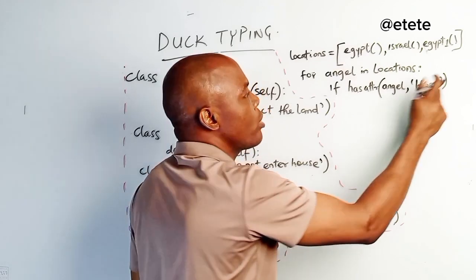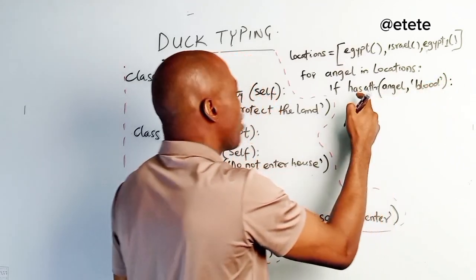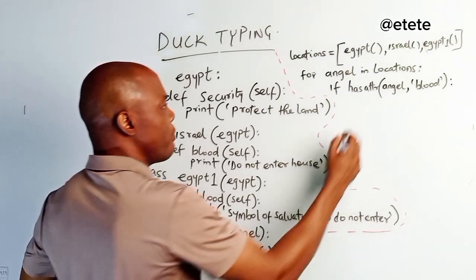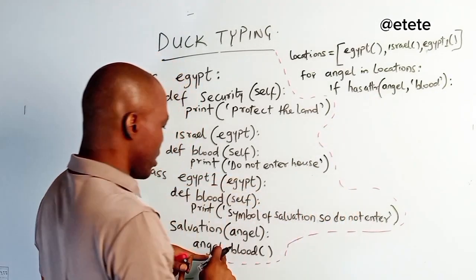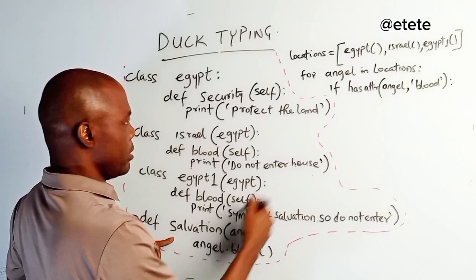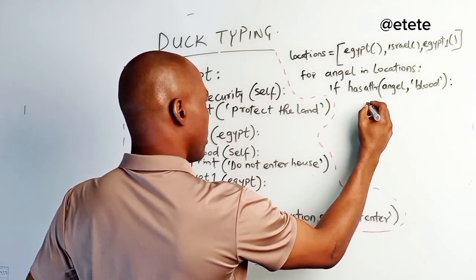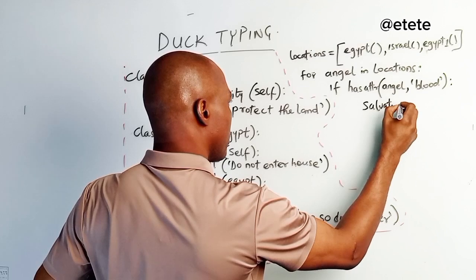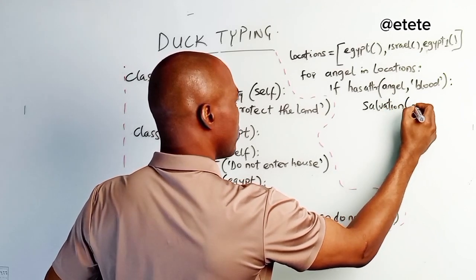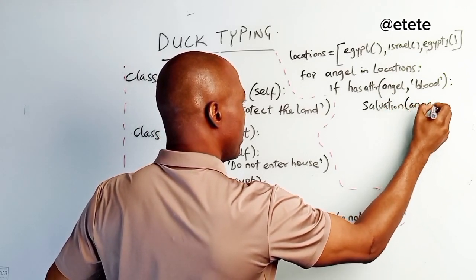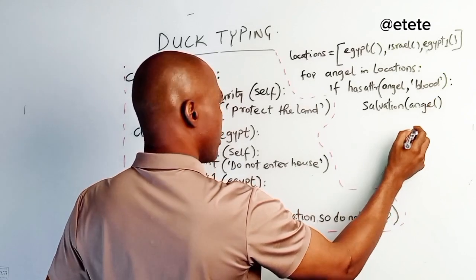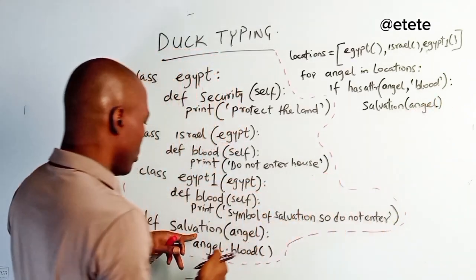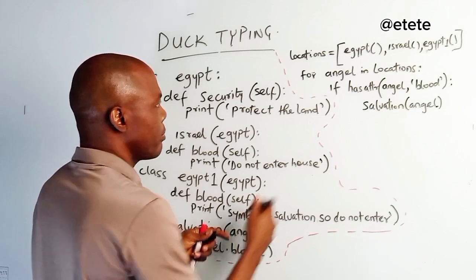If it has that method, it will come in and call this method, which is salvation, angel.